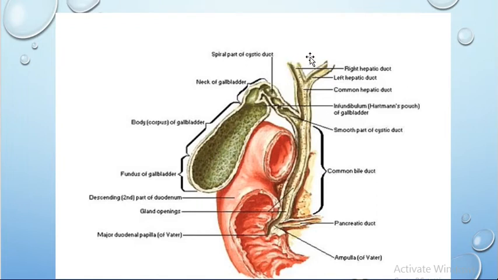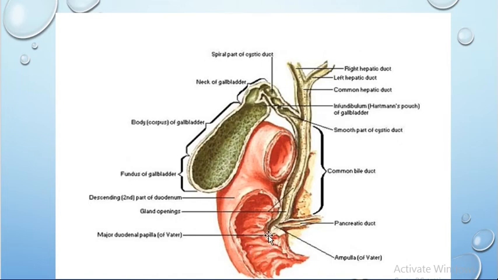This is the right hepatic duct, this is the left hepatic duct, and this is the common hepatic duct. And the common bile duct and pancreatic duct drain into what? They make the ampulla of Vater, and that ampulla of Vater drains into the duodenum at the major papilla.